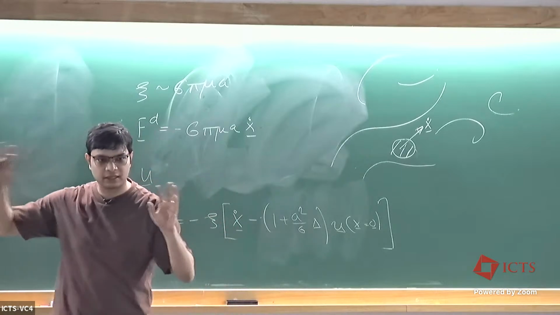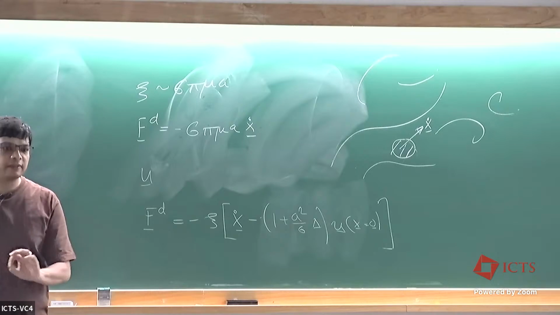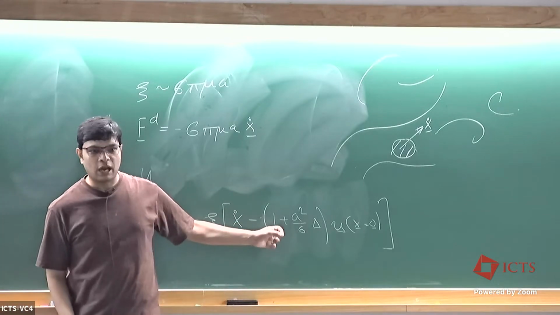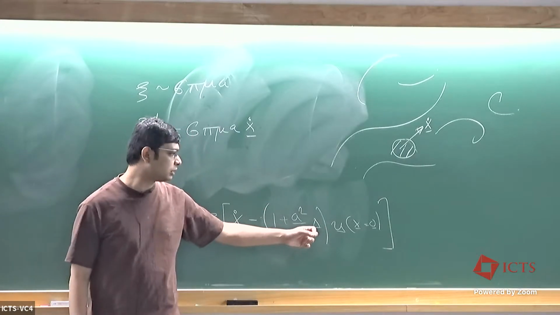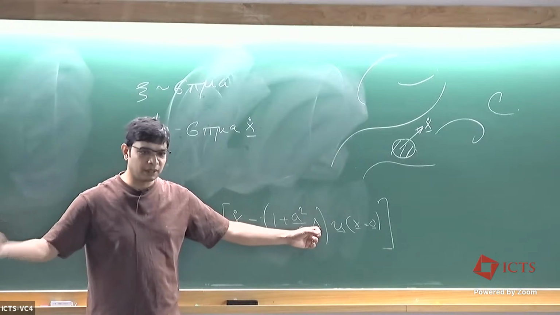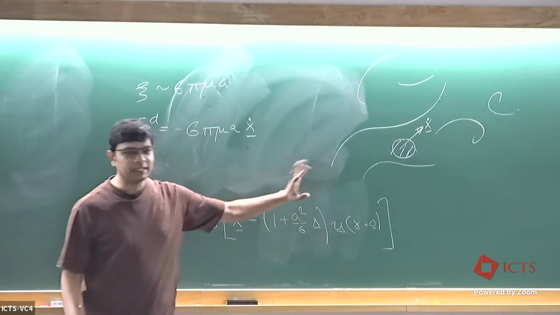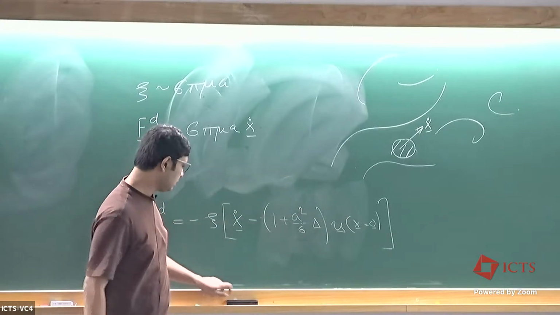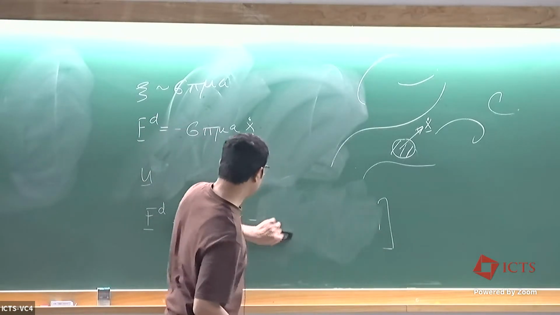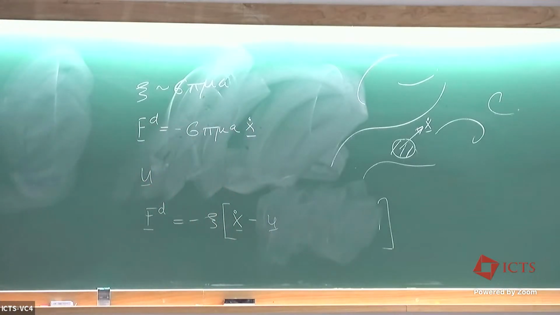So different parts of the sphere can experience or sample different velocity fields. And the question is, if you have that variation, how does it look like? What does it contribute? And this is really the actual contribution. This delta is a Laplacian. It shows up as a Laplacian of the velocity field and proportional to the square of the radius of the particle. But if the radius of the particle is very small, this term is subdominant, so I'm not going to think about this piece, okay? So I'm not going to think about this piece, and all I'm going to think about is just u. Okay. So let me draw the picture.